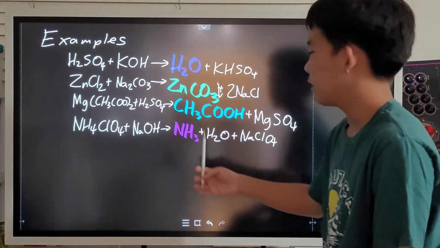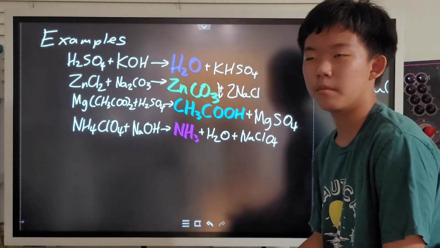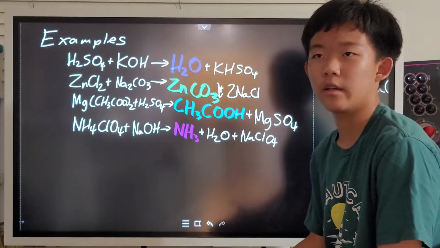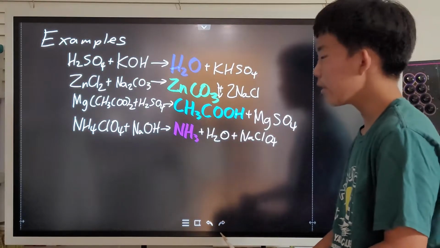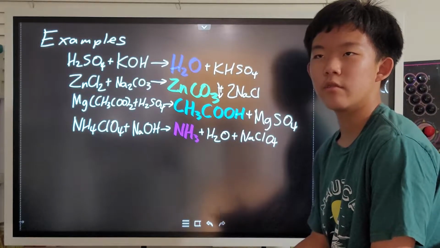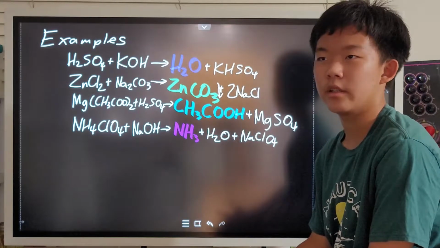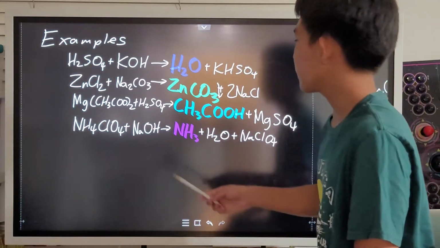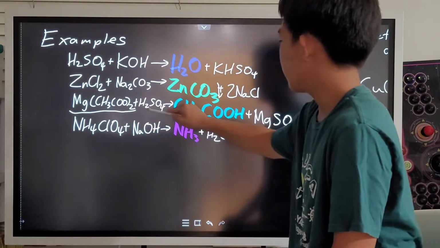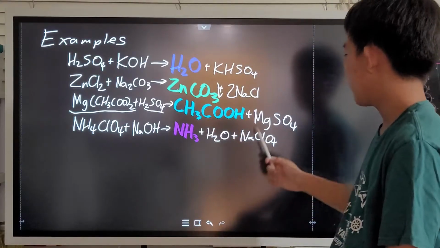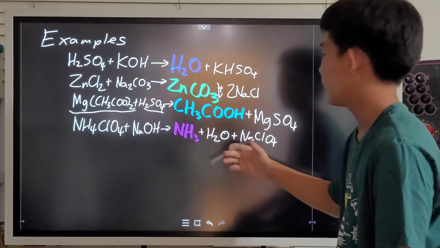Now here, a covalent compound refers to a compound that doesn't ionize, or at least doesn't ionize too much. Usually, it's a weak acid that forms, like say organic acids. For example, magnesium acetate reacts with sulfuric acid to form magnesium sulfate and acetic acid.